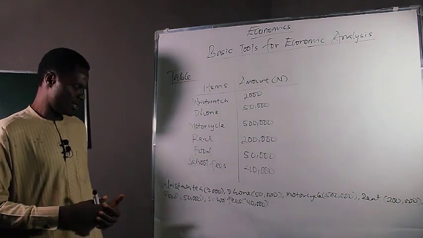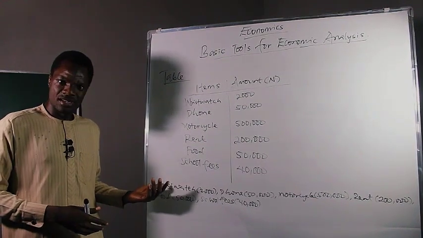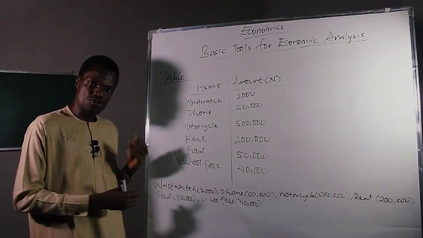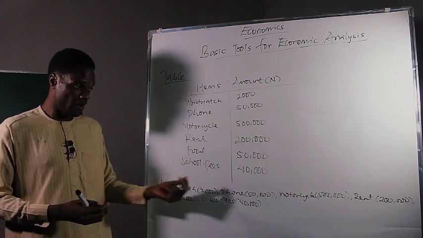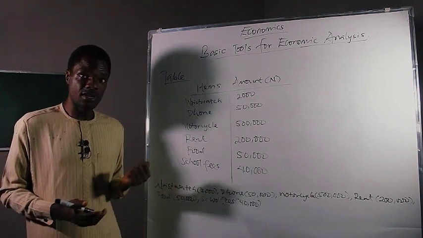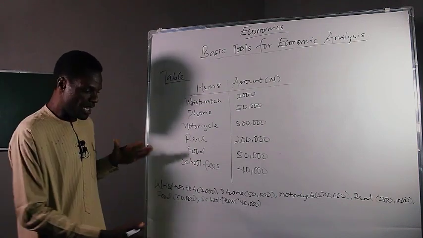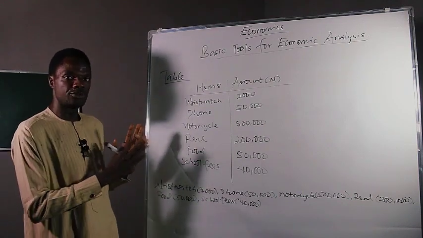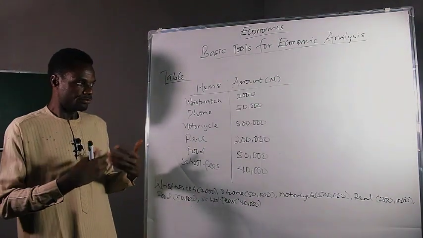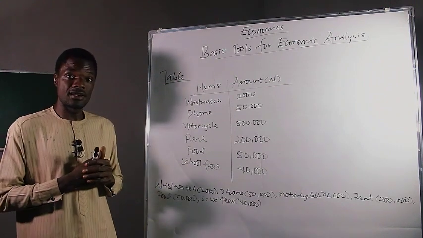Anybody that sees this will say, wristwatch at 2,000, does it mean the wristwatch is going to be how many? Or does it mean to have 2,000 wristwatches, or to have 50,000 phones, or to have 500,000 motorcycles? So the person will find it difficult to understand. But if this is arranged in the form of a table, then it will give the person a quick understanding of what the data is all about.